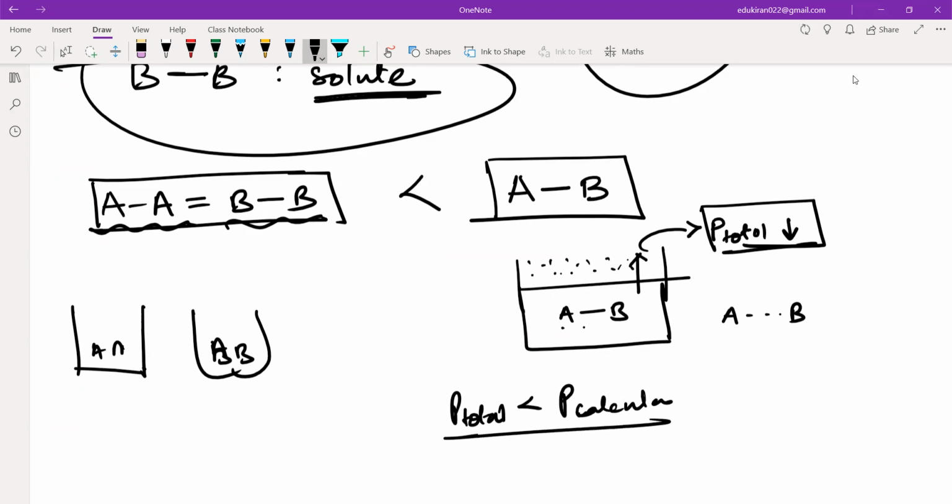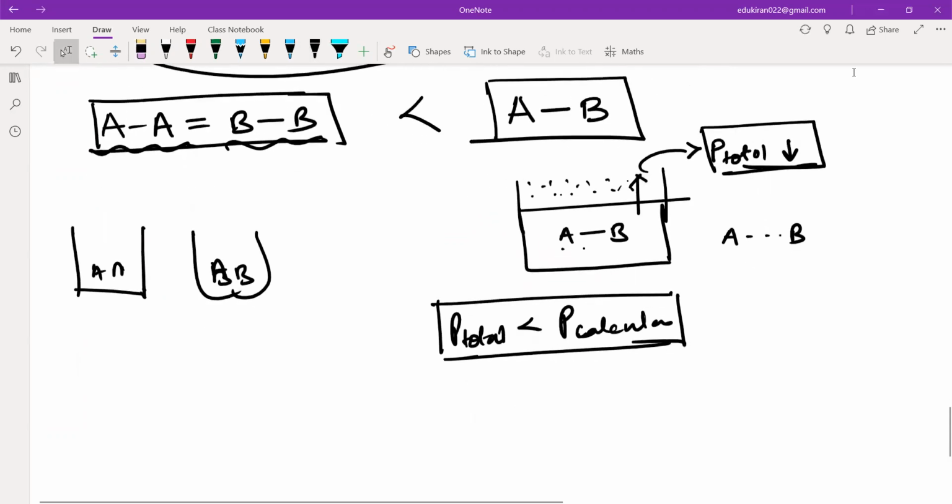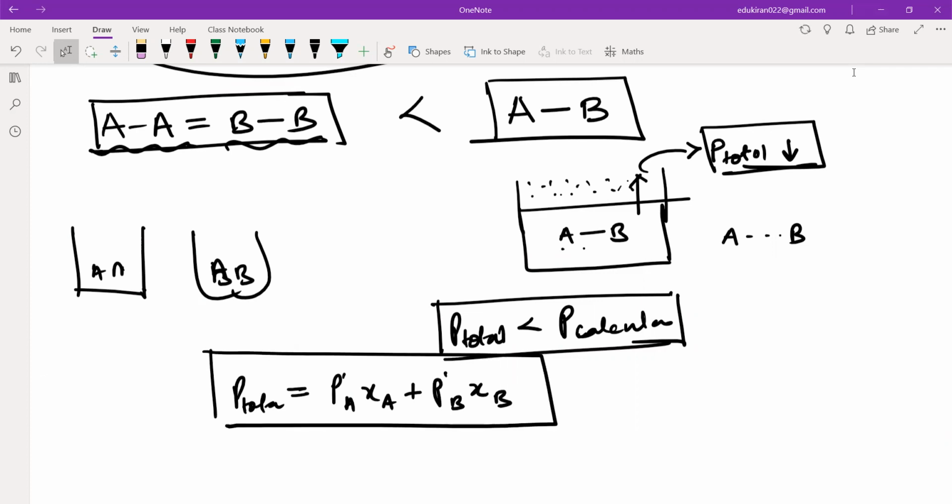Do you understand this point? Yes or no? Please tell me. Because if you see the formula, P total is equal to P naught A chi A plus P naught B chi B, right? Now in this, we are not considering the intermolecular force of attraction after the dissolution, after we have solvated the things.